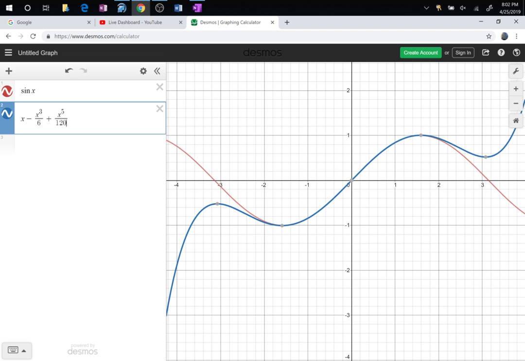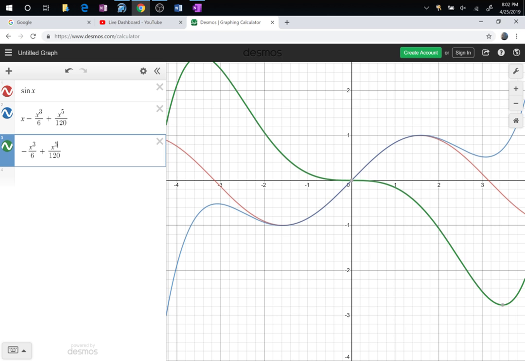Actually, you know what? Let's just do this. Control C. All right, we can do that. Then Control V. I go with x in front, and then I kill off this one.